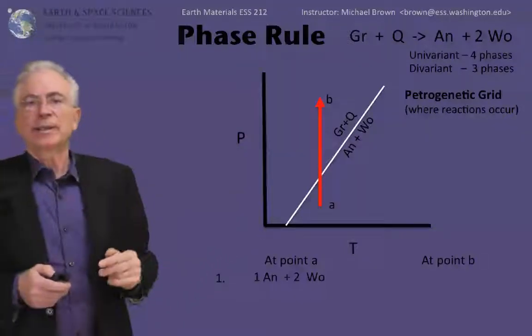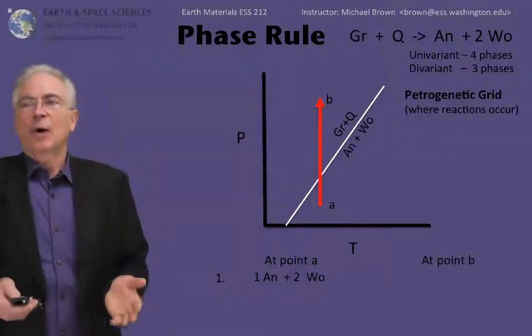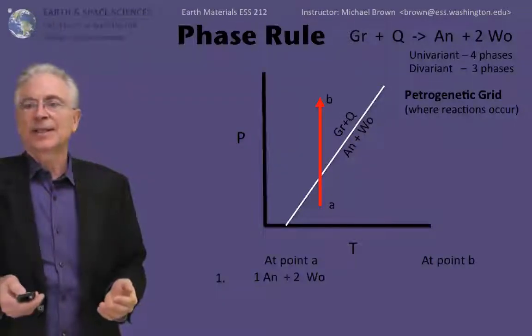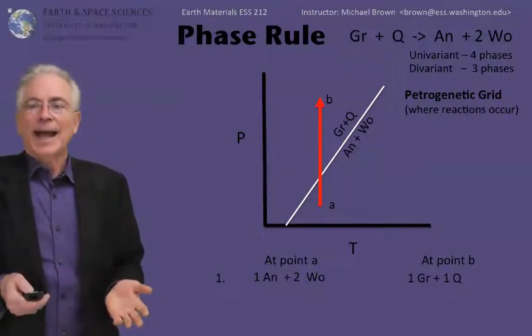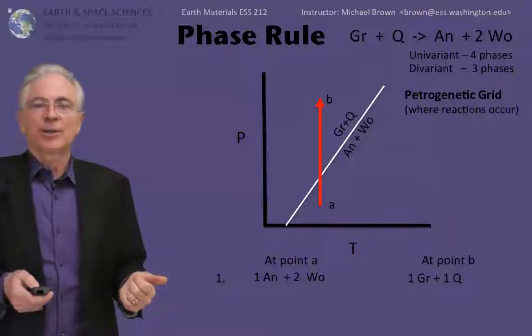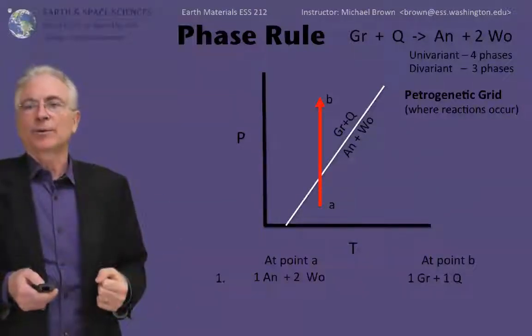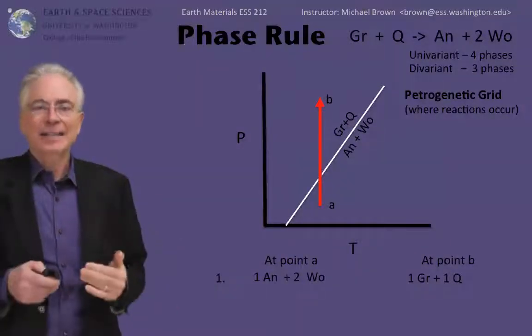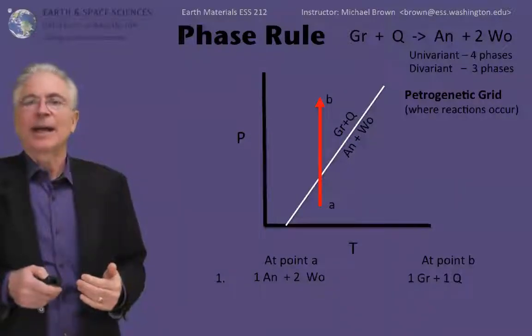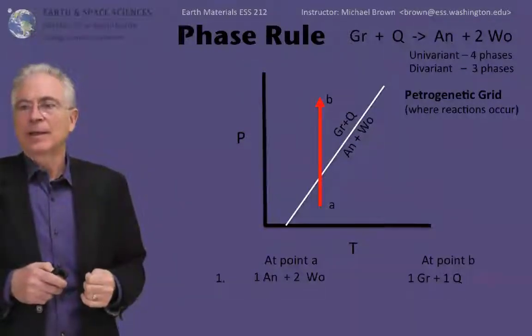From the chemical formula at the top, you can see that 1 mole of anorthite and 2 moles of wollastonite will react to form 1 mole of grossular garnet and 1 mole of quartz. So for that chemical composition, we have this outcome.